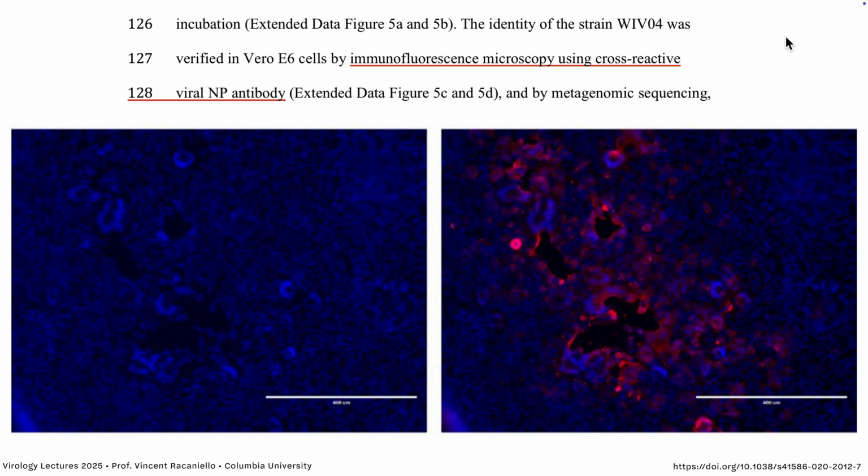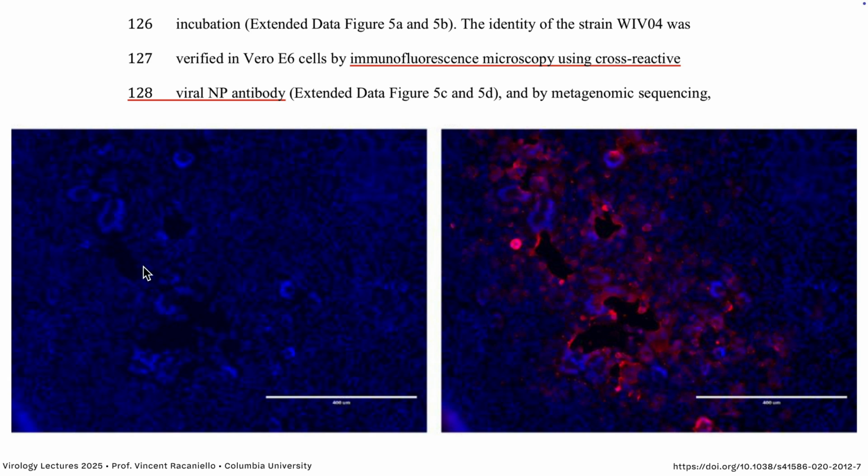Well, they suspected it might be a coronavirus because, in 2002, SARS emerged from bats and caused a small global outbreak. And so they had reagents to coronaviruses and they had an antibody to the viral nucleoprotein, which is rather conserved among these viruses. And so they used that to stain those infected cells.